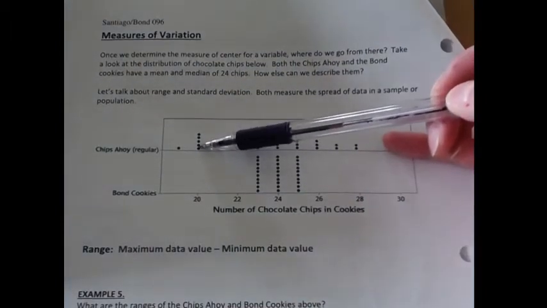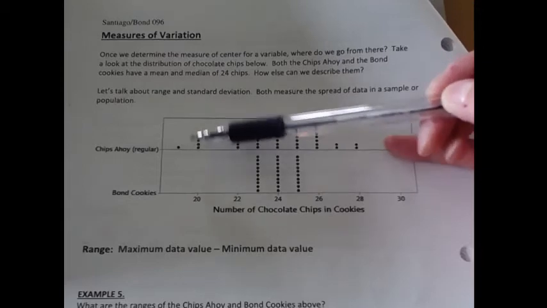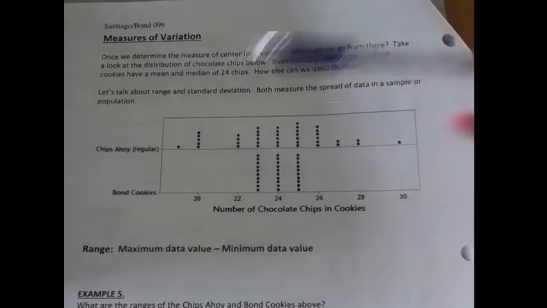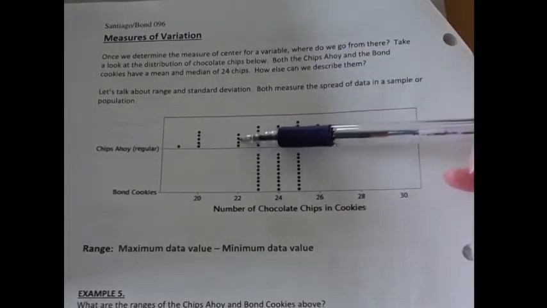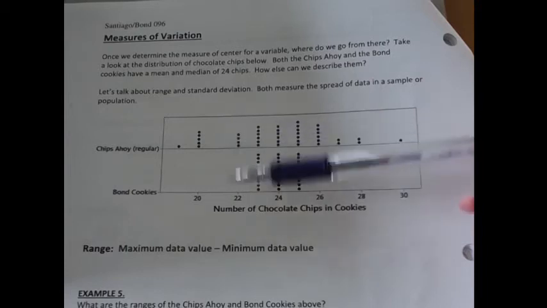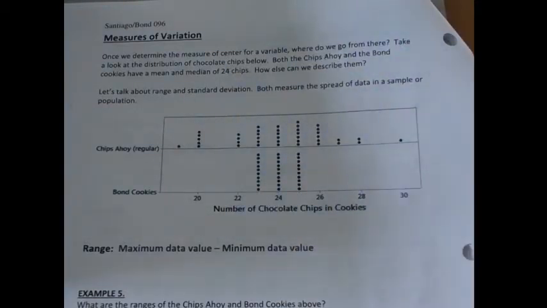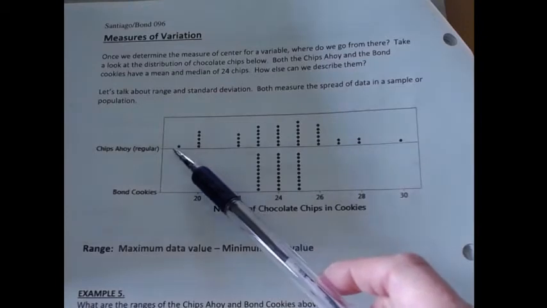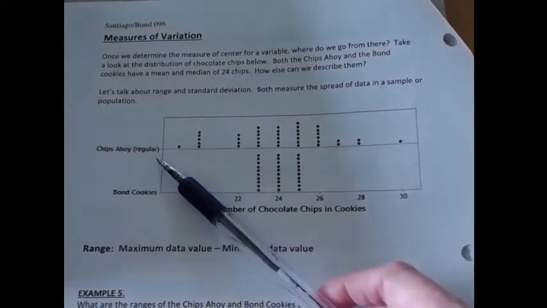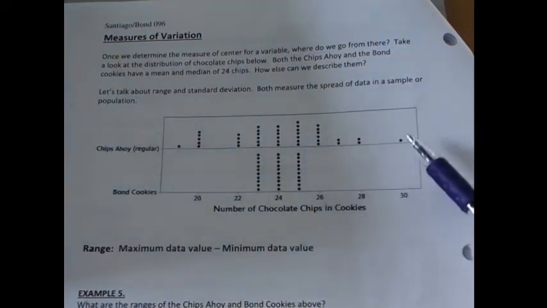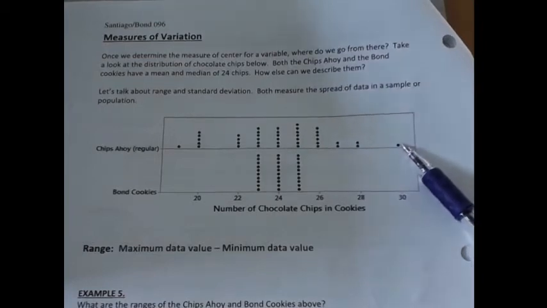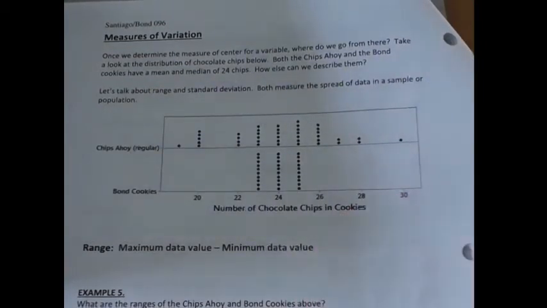Notice that you had 1, 2, 3, 4, 5 cookies that all had 20 chocolate chips. Notice you had 1, 2, 3, 4 cookies that all had 22 chocolate chips, and so on and so forth. Notice that the smallest number of chocolate chips was 18 in a Chips Ahoy cookie, and the greatest number of chocolate chips in a cookie was 30, and that's specific to Chips Ahoy.